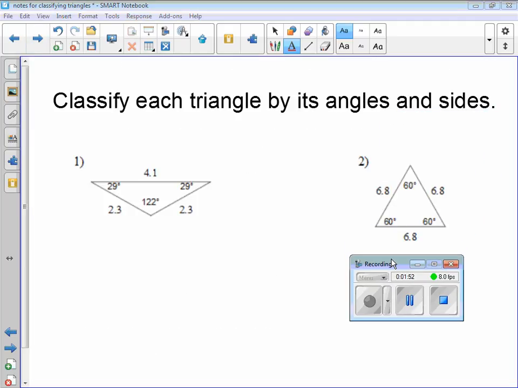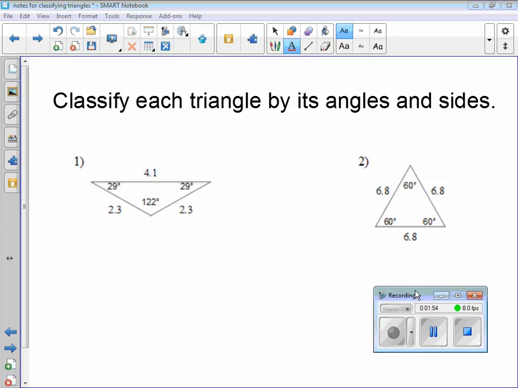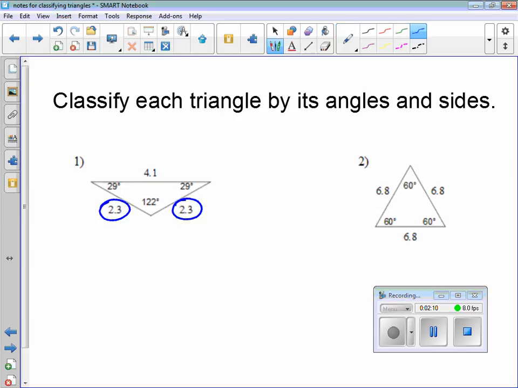So here we have 2 examples of triangles. We're going to classify each triangle by its angles and sides. In looking at triangle number 1, you'll notice that it has 2 sides that are equal, 2.3, 2.3. The third side is not equal to 2.3, its side is 4.1.